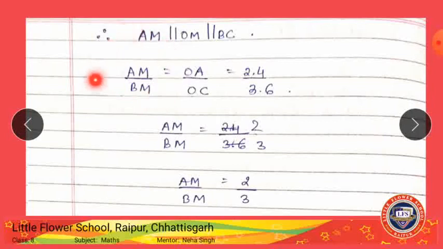AM upon BM equals OA upon OC, right? 2.4 upon 3.6, this value is given. We remove the point and the numbers are 24 and 36. We can cancel by 12. So the ratio of intercepts of line AB, that is AM upon BM, equals 2/3.